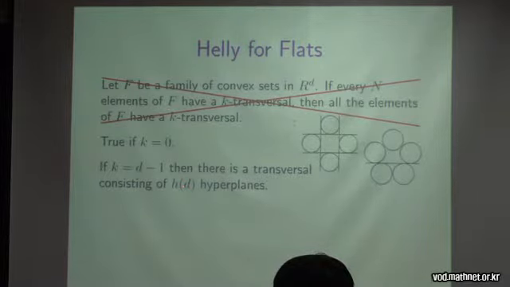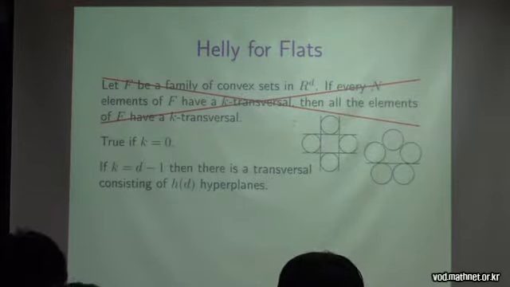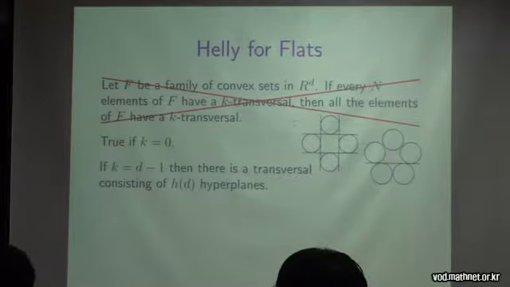You have some relatively small family of hyperplanes that intersect the whole thing. Here it's important that this number of hyperplanes does not depend on the family F. It doesn't depend on how many elements the family has. It only depends on the dimension. I think for dimension 2, it's known that you can do this with 4 lines, and in higher dimensions, the number gets a little bit bigger, but it always depends only on the dimension and not on the family.